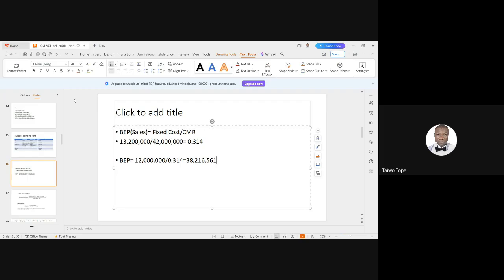If you want to get the proportion for executive and common bag, what will you do? We say 180 divided by 200 times this amount for common bag, and 20 divided by 200 times this amount for executive.